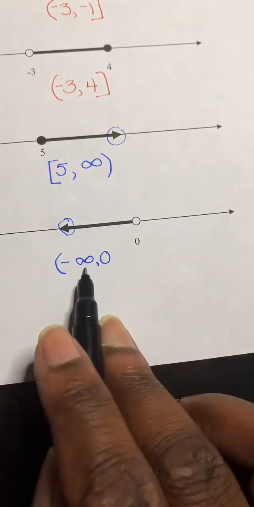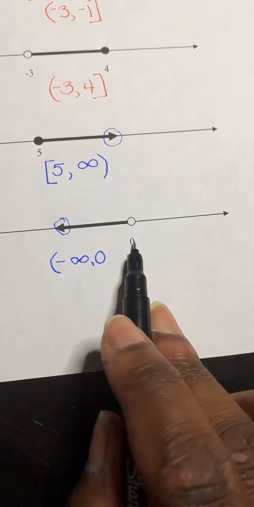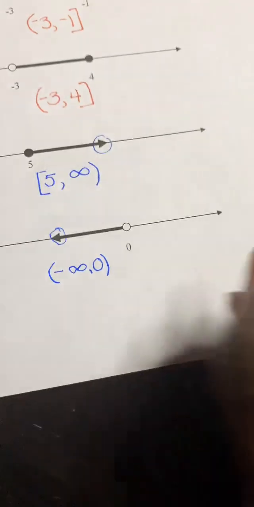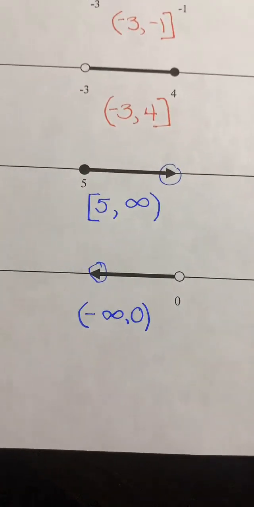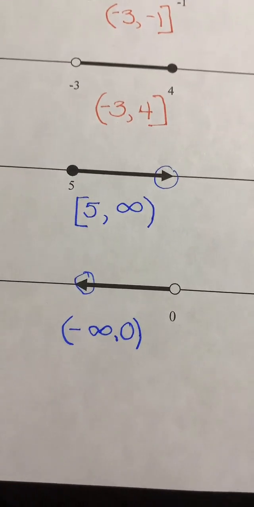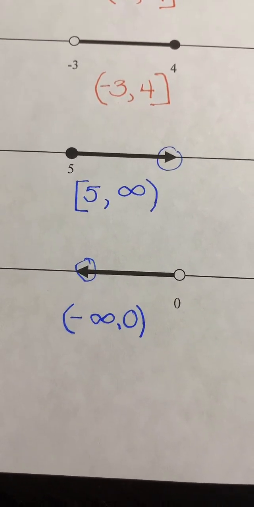This is going to negative infinity, all the way up to 0. So since it's dealing with a negative infinity, we got a parenthesis. Then at the 0, it's open. So that's also a parenthesis as well. Okay. All right. So negative infinity. There you go. Yep.